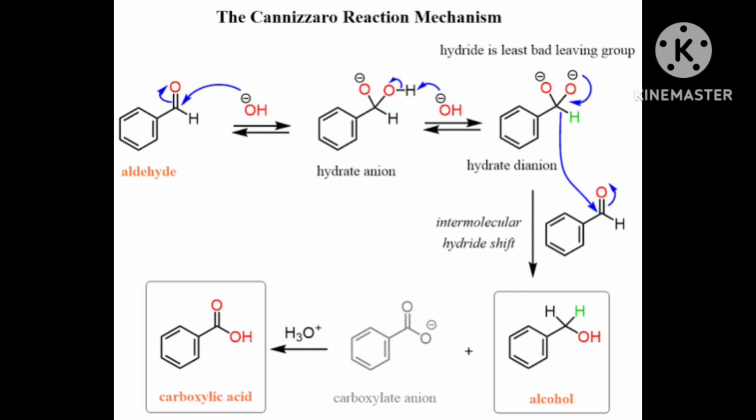In the presence of this, the C=O double bond breaks. Oxygen takes the negative charge and carbon becomes positive, a carbocation. Then the OH minus, which came from the KOH, joins with the carbocation.